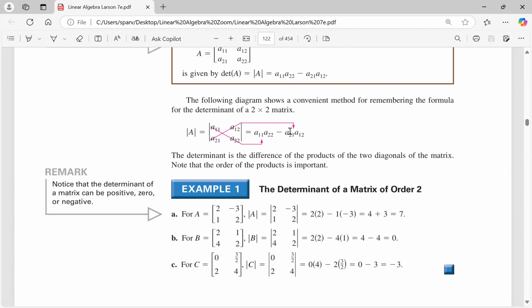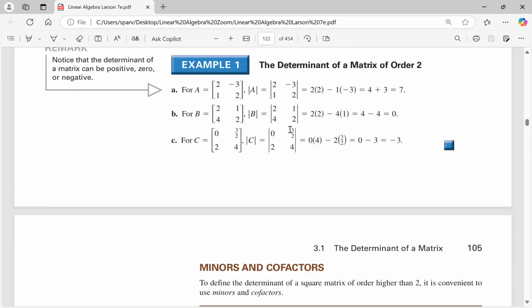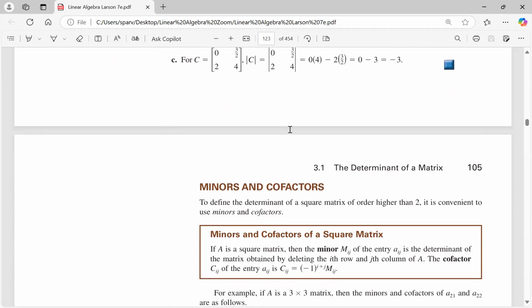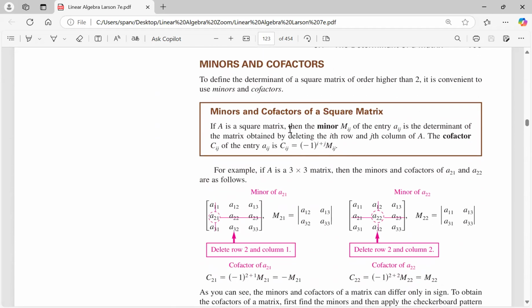We have a formula, but what if we don't have a 2 by 2? What if we have 3 by 3, 4 by 4? And of course, remember, a lot of what we do anymore, we don't really do by hand. That's why I have those 2 links in Canvas, they're actually programs. Nobody really does these things by hand anymore. It's more of a learning process for us to recognize how it's done, but in reality, we don't do it by hand.